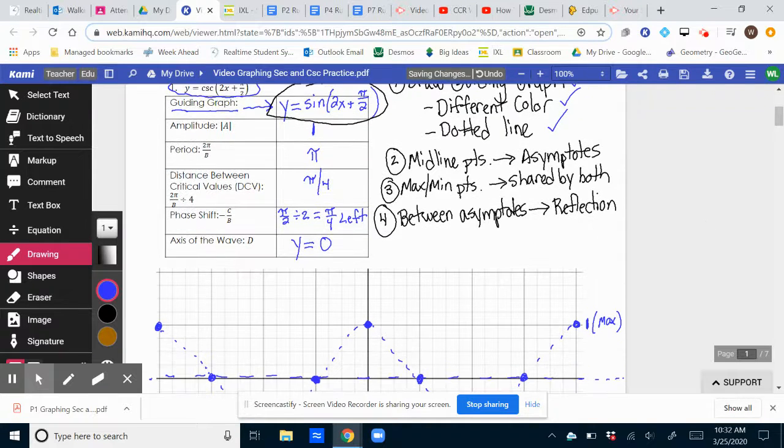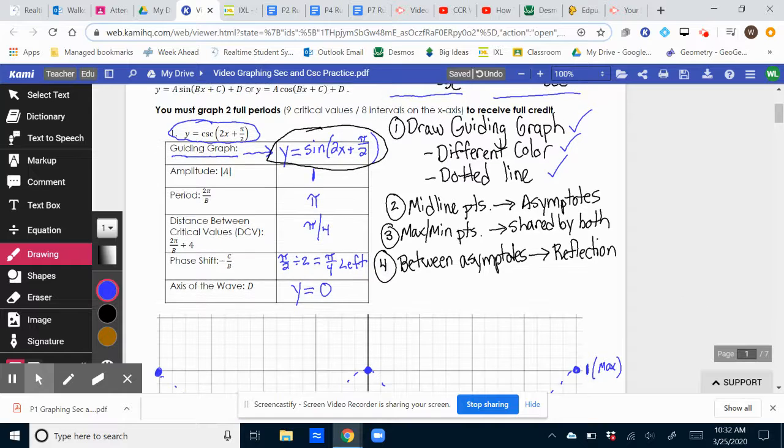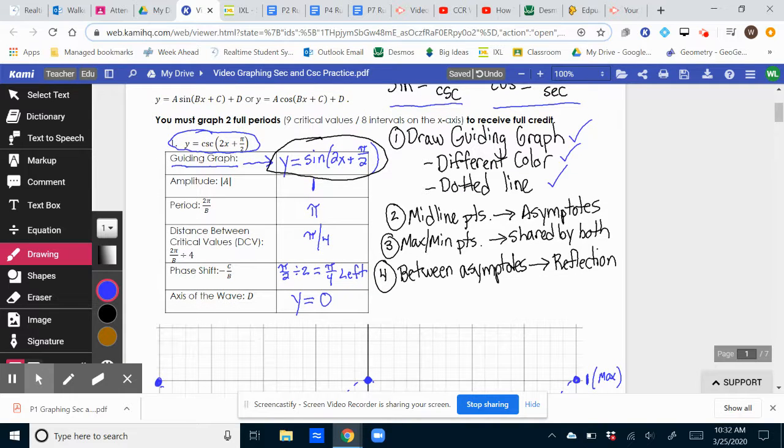Okay, now step 2. Here's the key to transforming a sine graph or a cosine graph into cosecant or secant. Anywhere that you had a midline point on your sine graph, if it's on the midline, that means that for those x values, sine of that was 0.